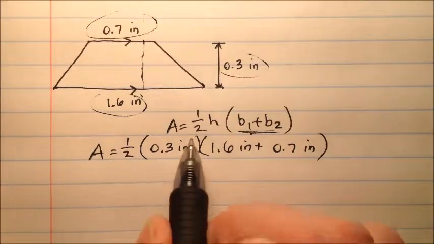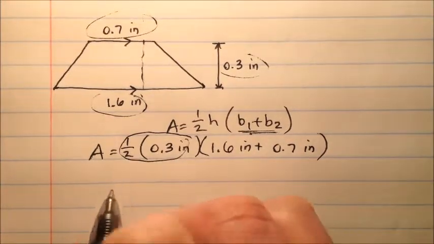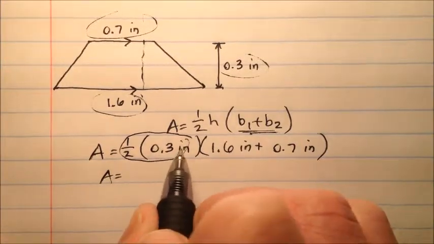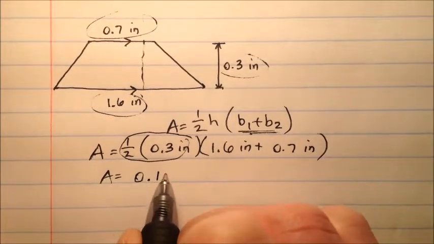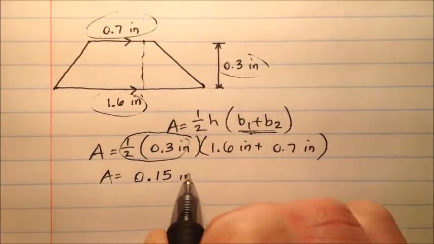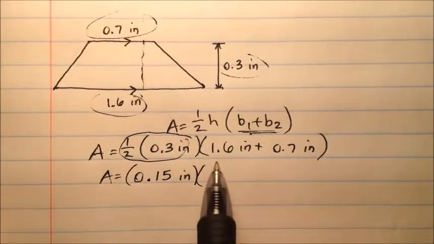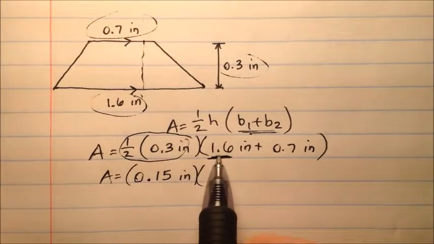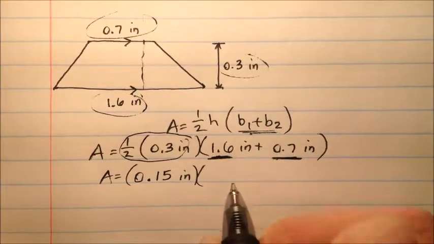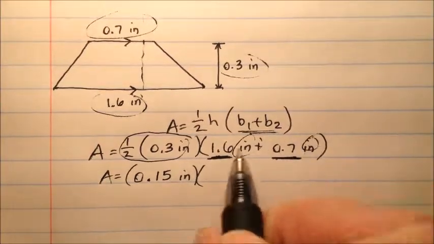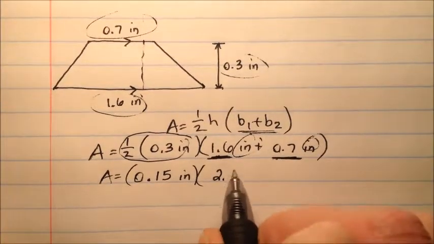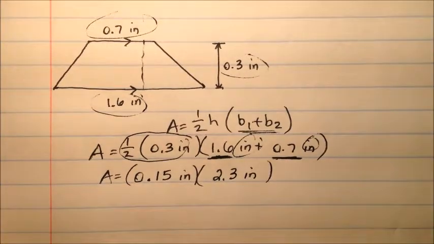Okay, so let's go ahead and take half of my 0.3 inches. So half of 0.3 is 0.15 inches. And when I add 1.6 and 0.7, and they both have inches again, I'm going to get 2.3 inches.